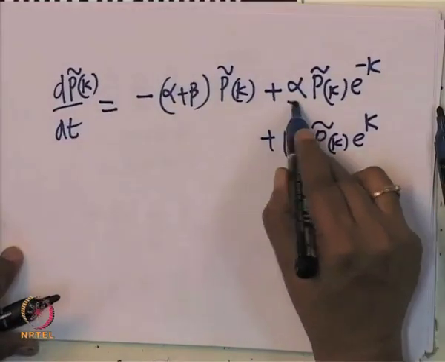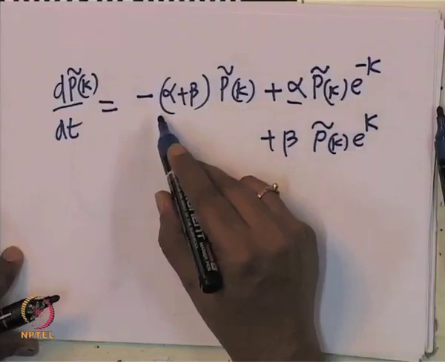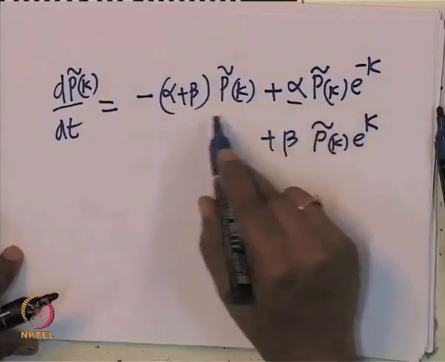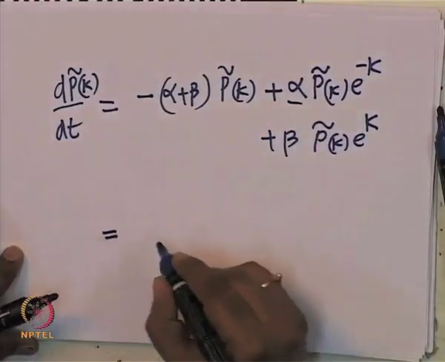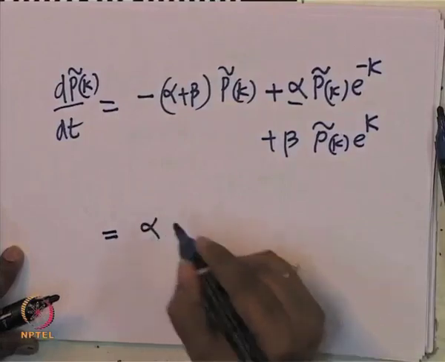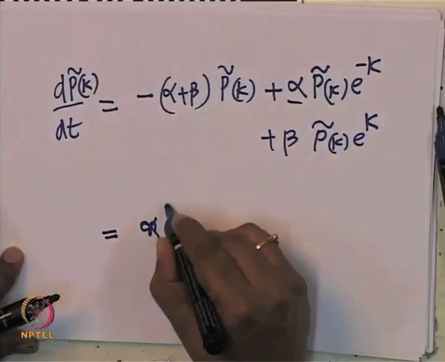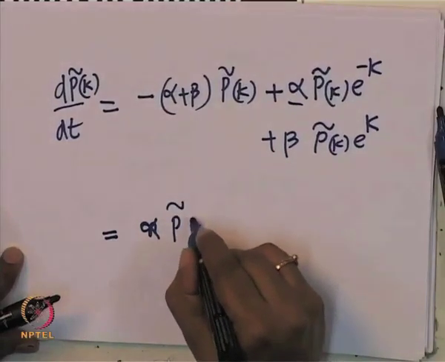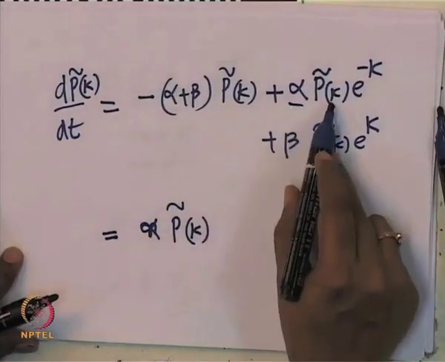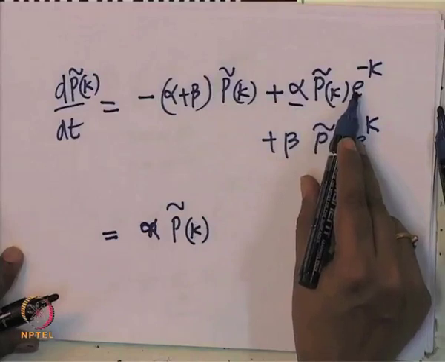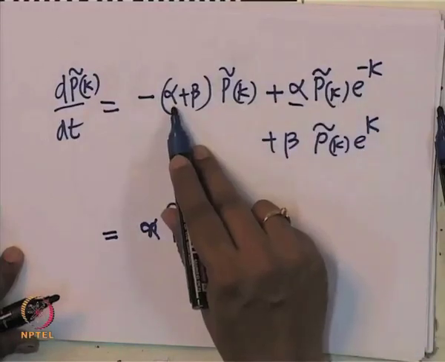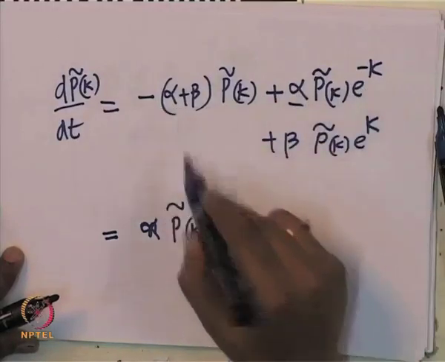In other words, I can combine this alpha term and this alpha term and write it as p tilde of k, and there is e power k here and there is minus alpha e power k, then there is minus alpha.